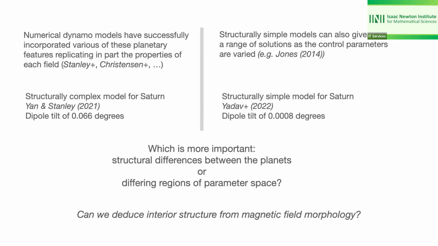So I think this is an issue which needs to be thought about carefully. We can't simply say these two planets have very different magnetic fields, therefore there's something very different about their interior structure. I wish we could say that, because I'd love magnetic fields to be a really sensitive probe of interior structure of these planets, but I'm not quite sure that's necessarily the case.